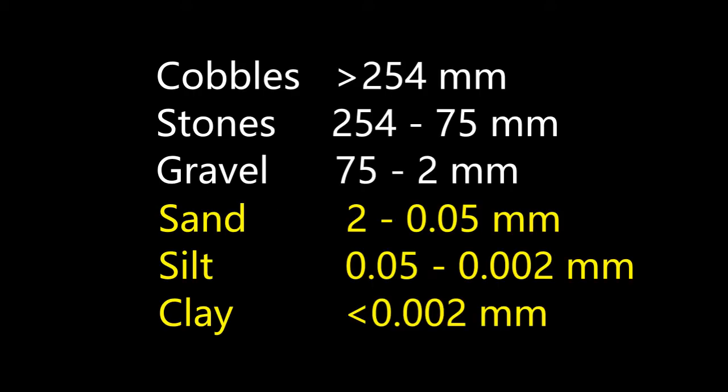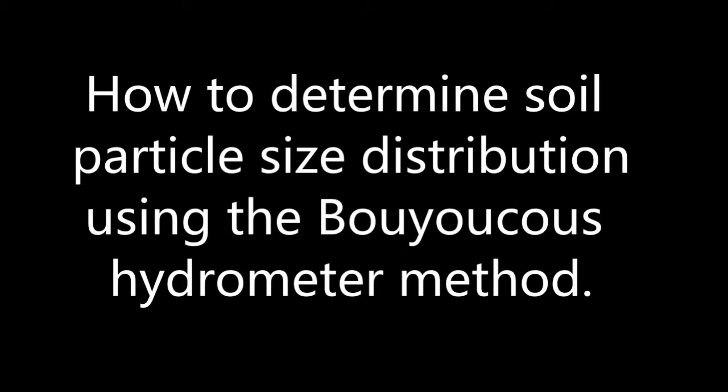Another physical property we'll examine is particle size distribution. In order to determine the texture of a soil, we need to know the percentage of sand, silt, and clay. Sand, silt, and clay make up what is known as the fine earth fraction. In this video, we'll be determining soil size distribution using the Bouyoucos hydrometer method.